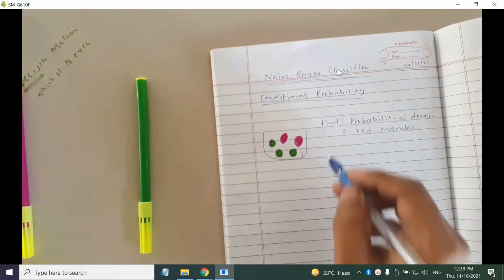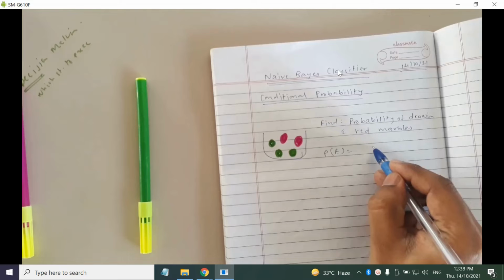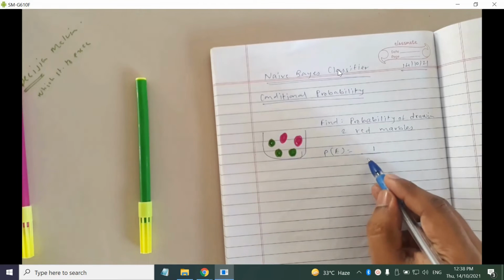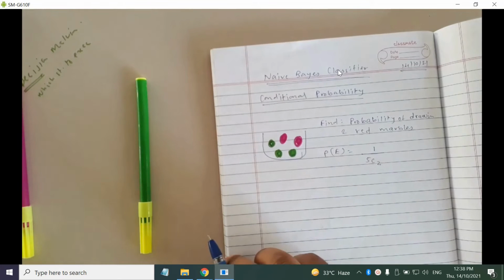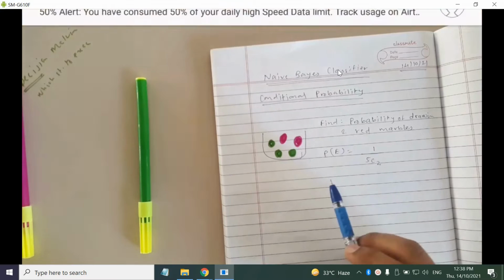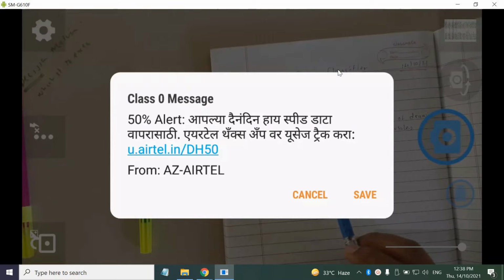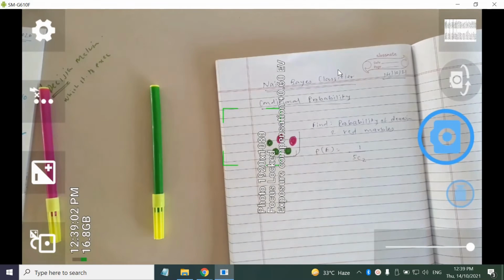So there is only one favorable condition, divided by, can I write 5 choose 2? 5C2 will give me all possible combinations. Out of 5 you choose 2. That is the probability of this event.